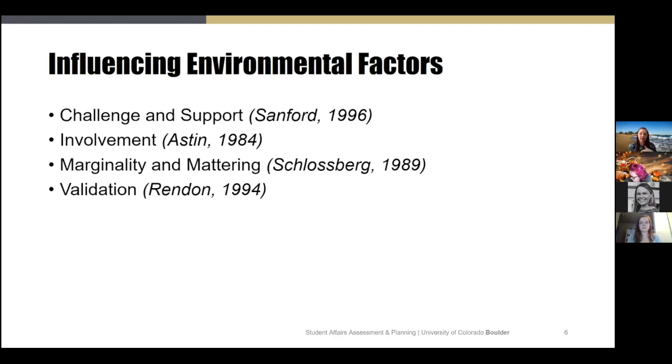They needed more of that external validation. And within that research, there was also evidence that the validation that takes place from those external parties, peers, faculty, staff, whoever, is most powerful when it's offered during the early stages of that student's academic experience, which is generally the first few weeks of classes.